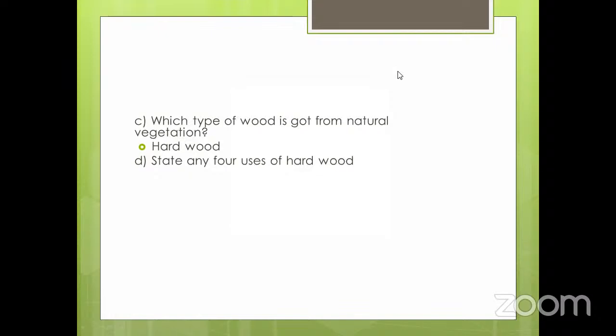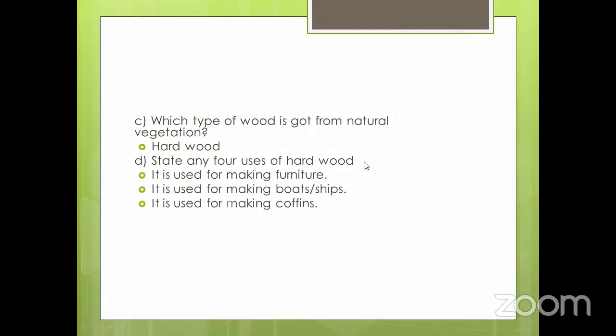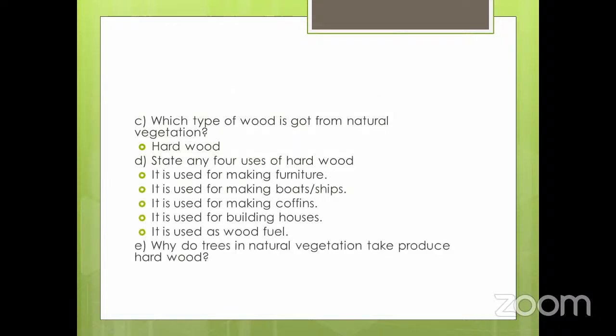Okay, let's have the uses here. We see different uses. Before we have someone take us through, the word hardwood is one word. So when you're writing, you write it as one word.